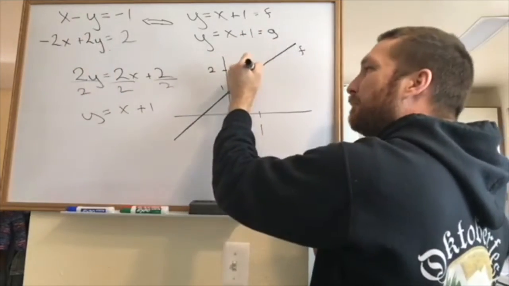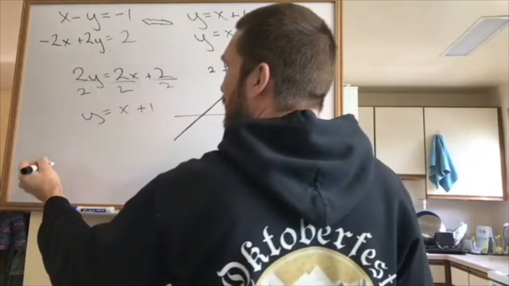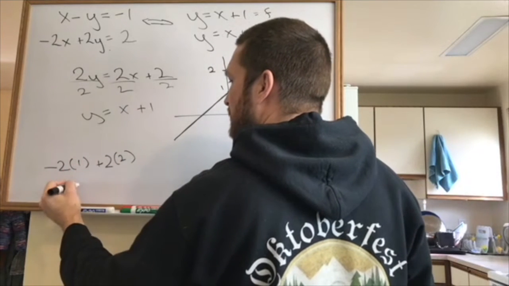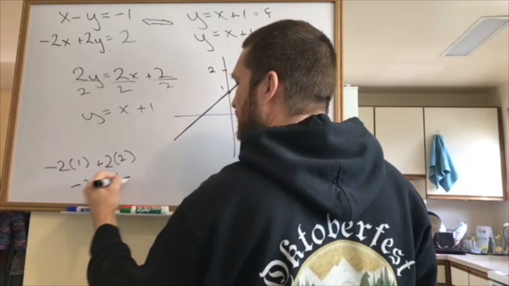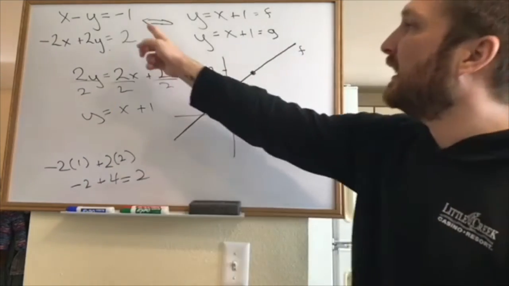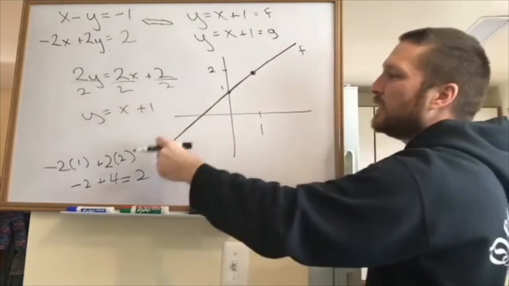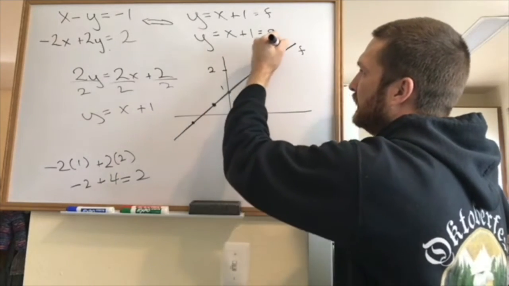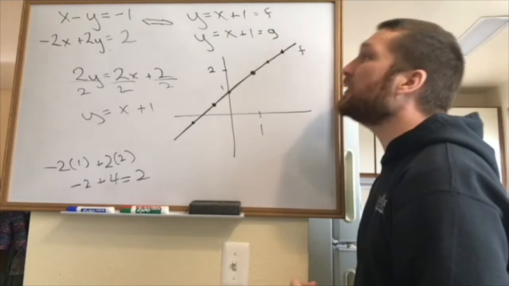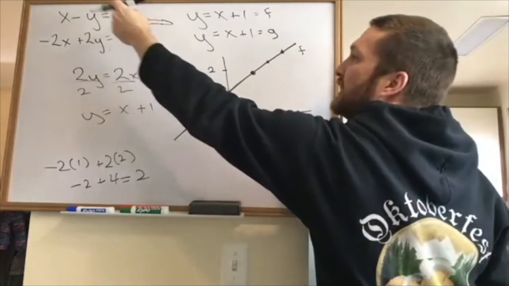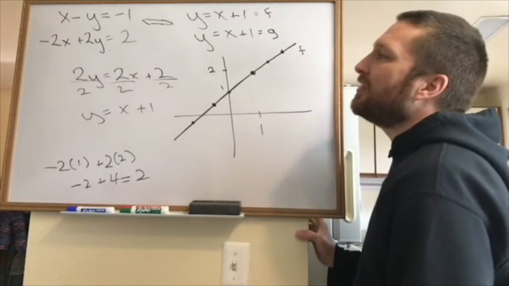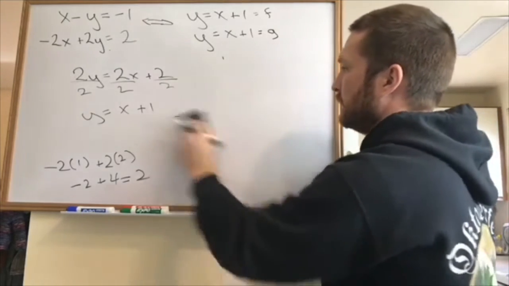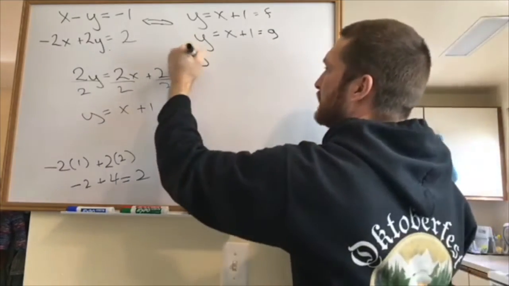Plug that same point into your second equation, you get -2 times 1 plus 2 times 2, which is -2 plus 4, which is equal to 2. And that one's true. In fact, any point along here is going to work. Every point on that line will be on that line. We call this a dependent system. A dependent.